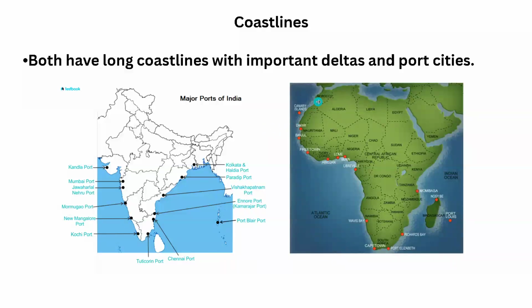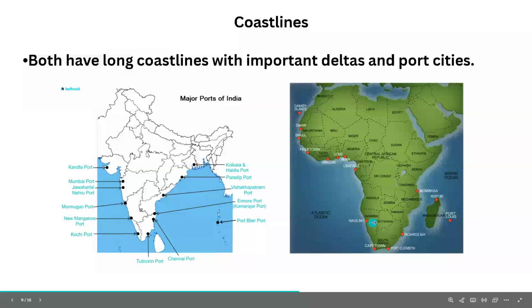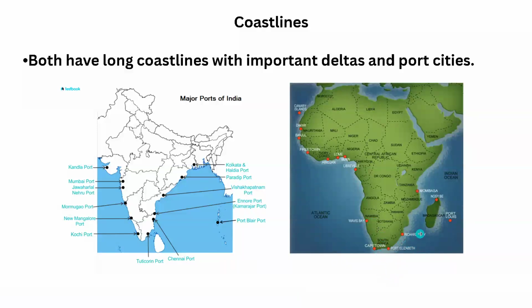Now for Africa, when comparing, you will see the Canary Islands, of course very far away, Morocco, then Mauritania, Banjul, Freetown, Abidjan, Lome, Benin, Libreville, then Walvis Bay, Cape Town, Port Elizabeth, Richards Bay.